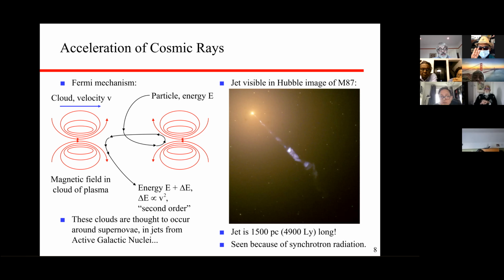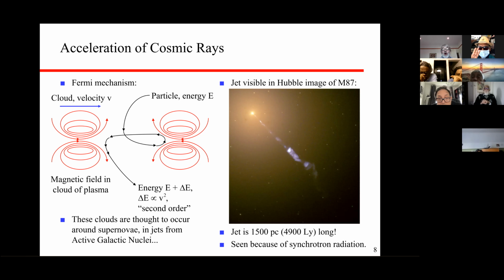As material falls into that black hole, some of it can get expelled along the direction of the magnetic field produced by the black hole, and you get what's called a jet containing lots and lots of ions and electrons. So exactly the plasma that we need to accelerate cosmic rays.